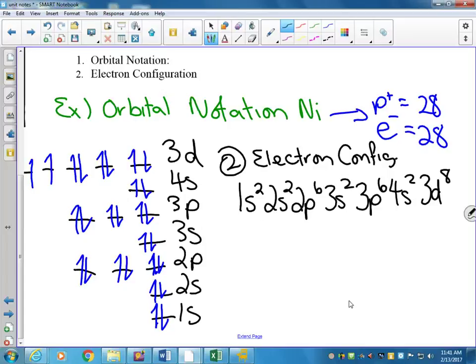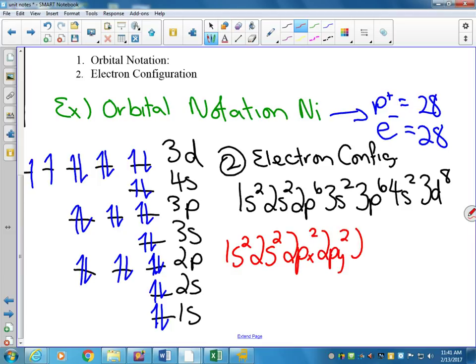Okay? Now, sometimes this is short and concise. Sometimes scientists write it like this: 1s squared, 2s squared, 2px squared, 2py squared, 2pz squared. And I'm just going to go dot, dot, dot. Okay?